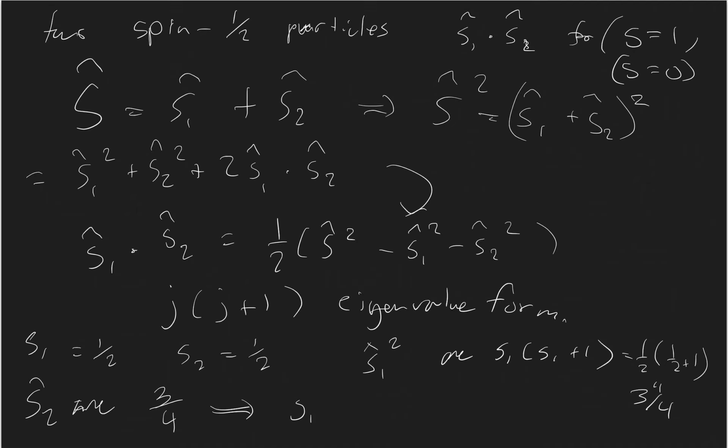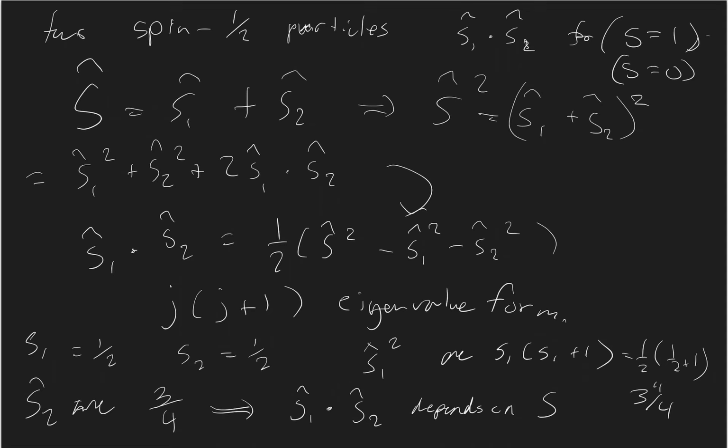So we can deduce that the eigenvalues of the scalar product operation between both of these will depend on the total spin. It depends on S, the total spin.